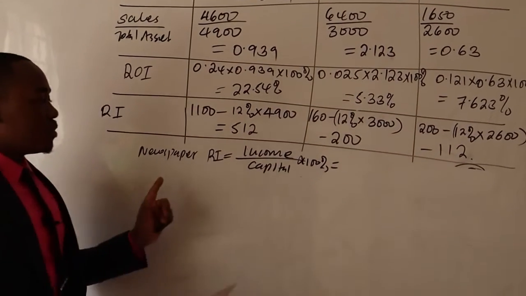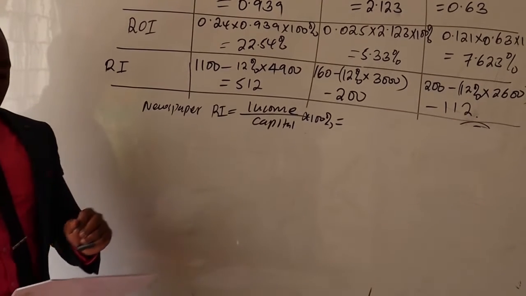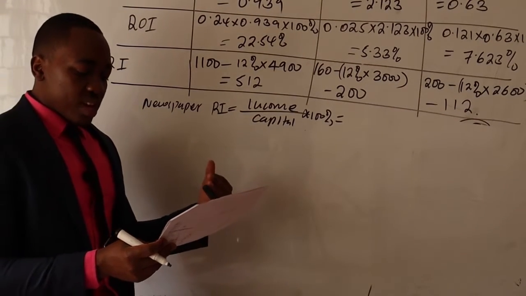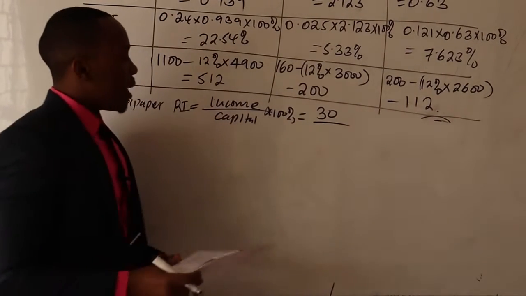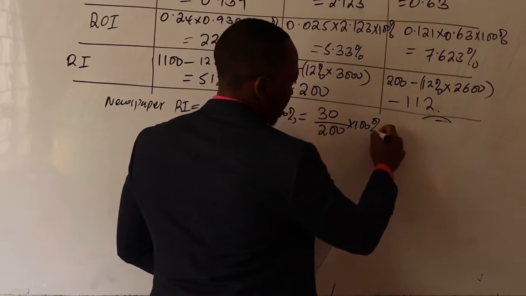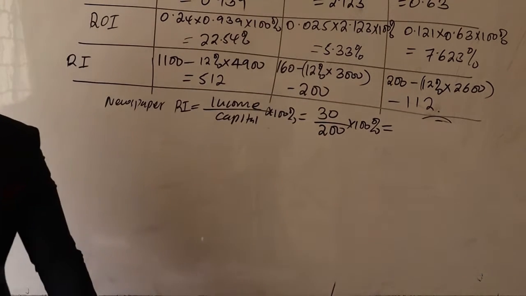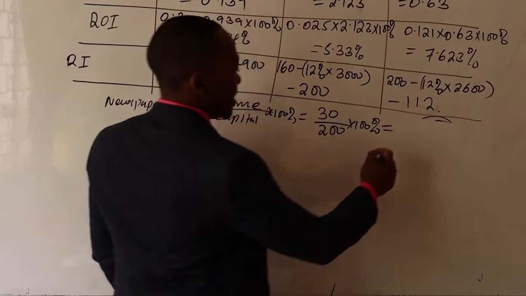For the newspaper, you need to invest an amount of 200 million, and the incremental earning for year 2017 will be 30. So our income will increase by 30, but we will have to invest 200 million, then times 100%. So how much will be our return on investment? Our return on investment will be 15%.